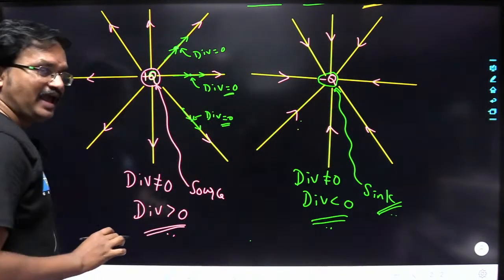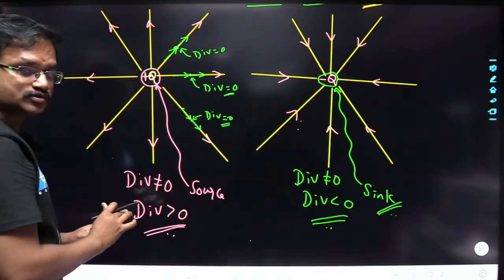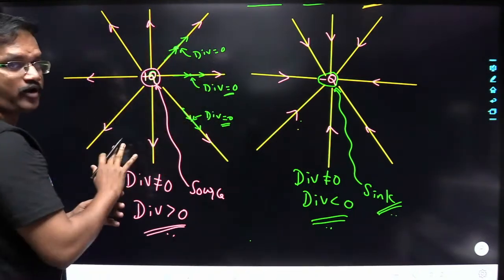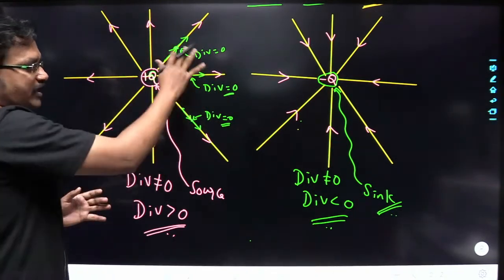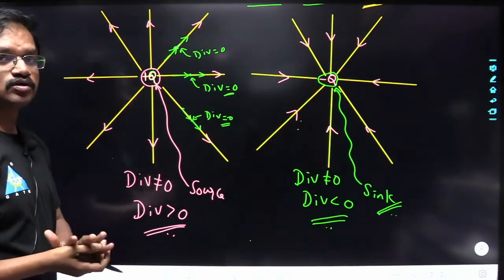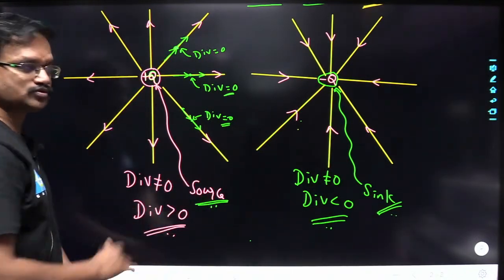So that means except at the location of the source here, you can consider any other point. At all the other points, we are getting divergence equal to 0, except at the location of the source. Right.